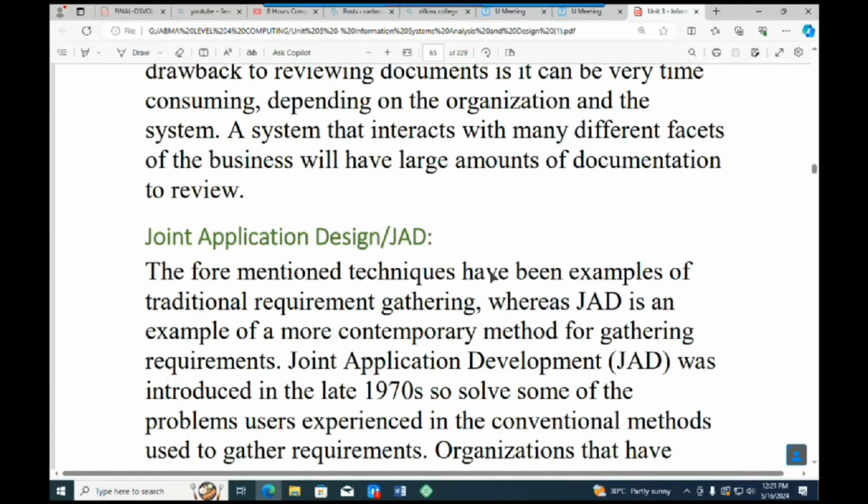So we're going to look at the joint application design, but what I want you to know is that it is one of the contemporary methods for gathering requirements.